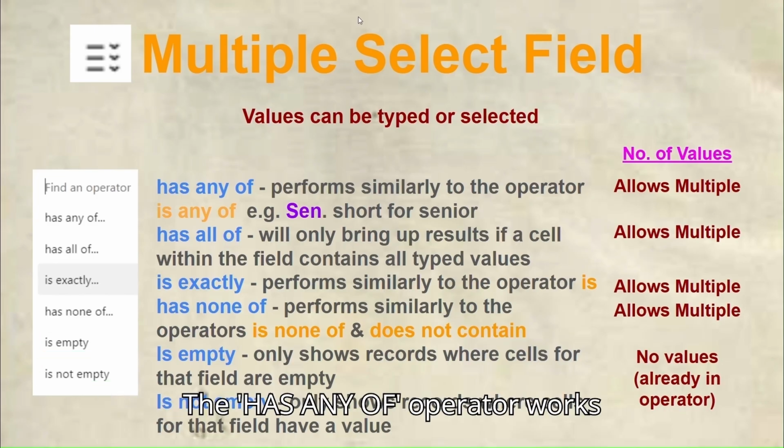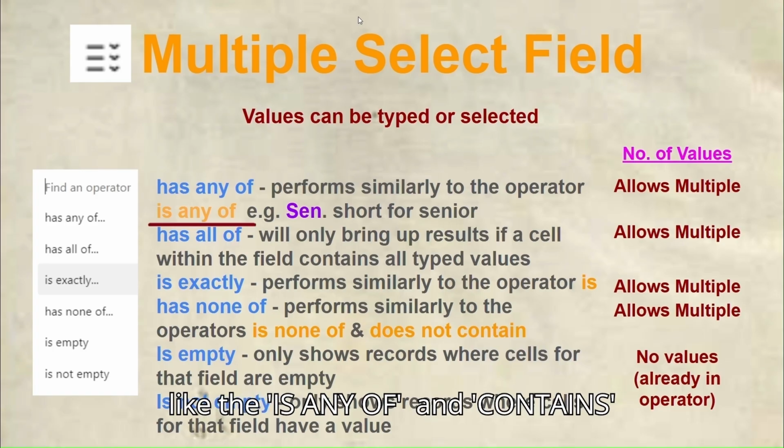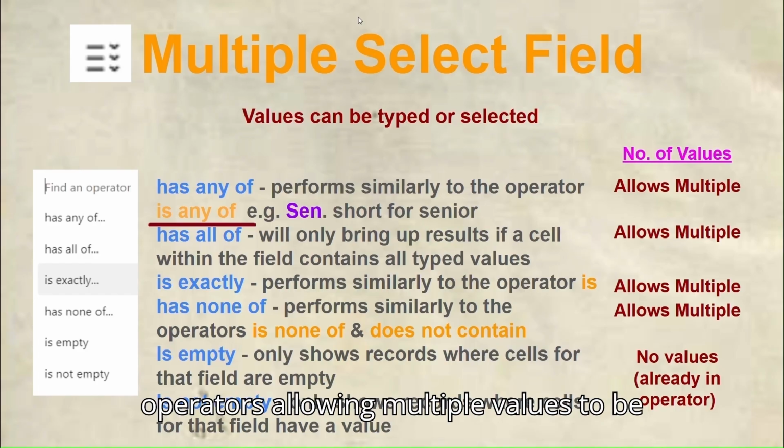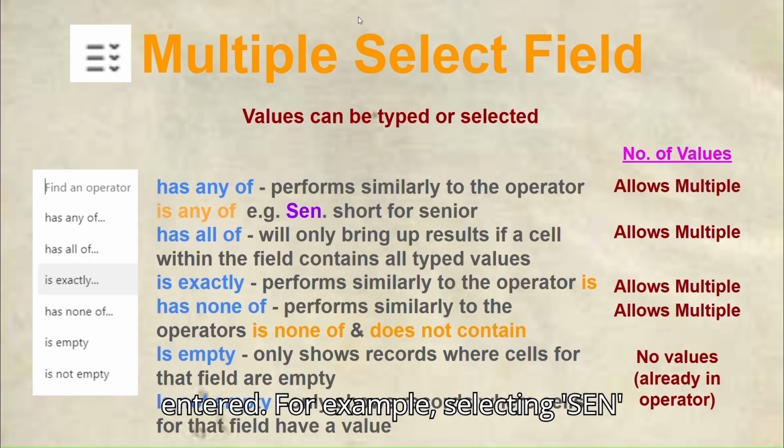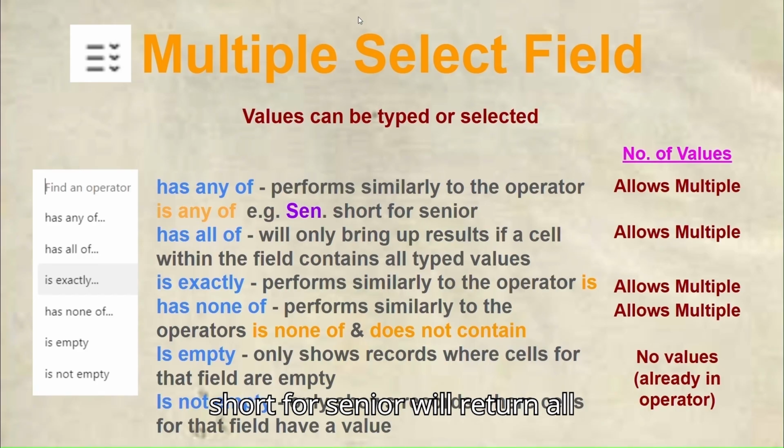The has any of operator works like the is any of and contains operators, allowing multiple values to be entered. For example, selecting sen, short for senior, will return all records tagged with that value regardless of surname.